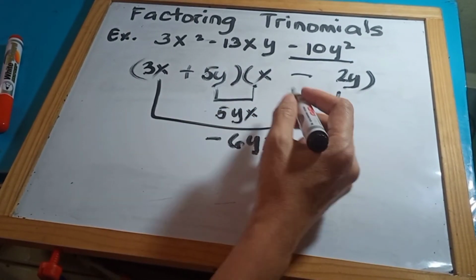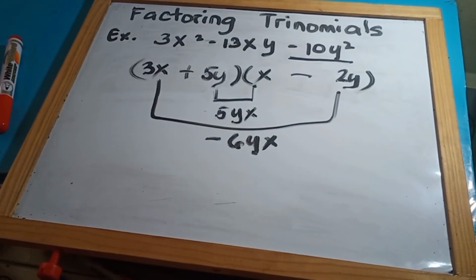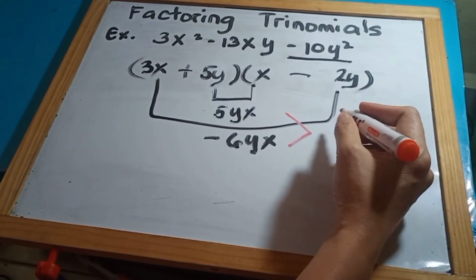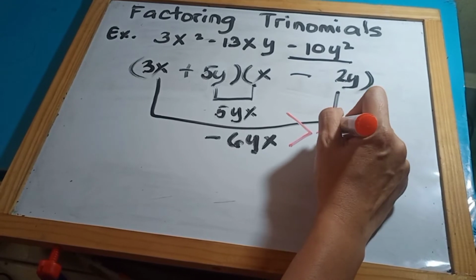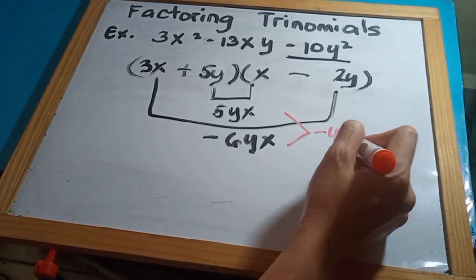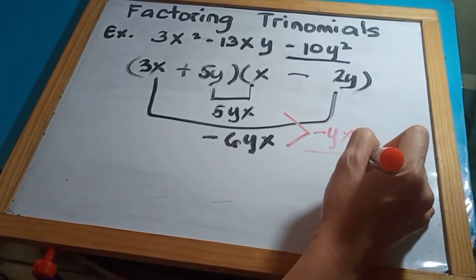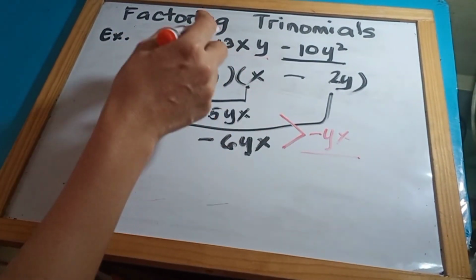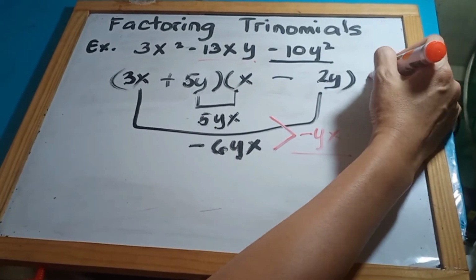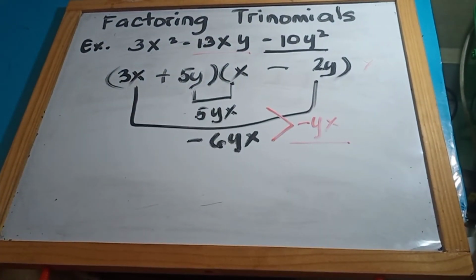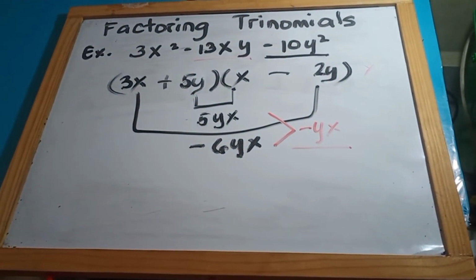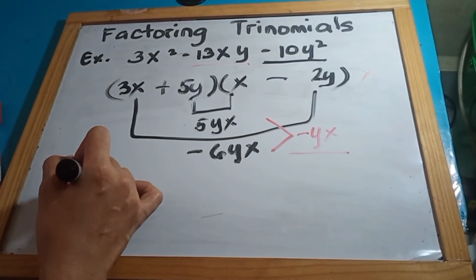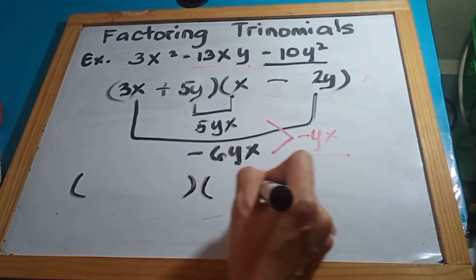Pag pinagsama natin si 5xy and negative 6xy, ang answer is only negative yx. Dapat, itong answer dito should be our middle term. And since magkaiba sila, ibig sabihin, this is not the factor of our given mathematical expression. So, let's have another factor.